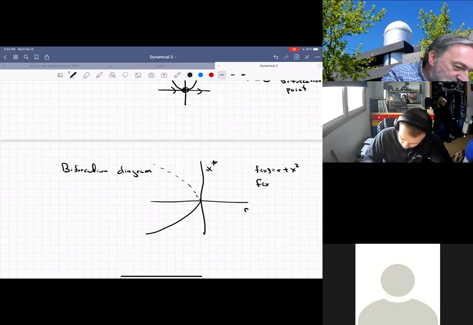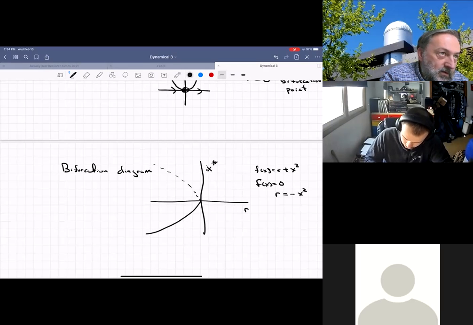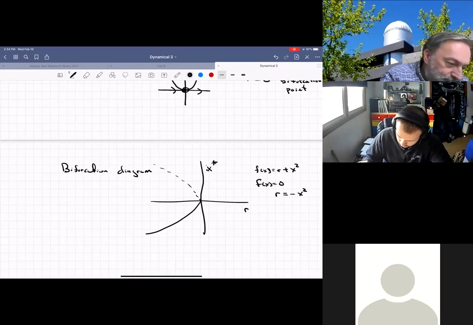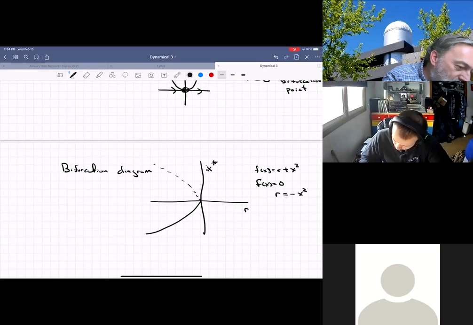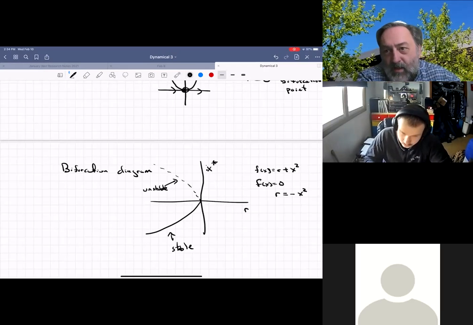So f of x equals 0 is the same as r equals minus x squared. That's these two curves. I dash this curve because there's an unstable fixed point at positive x and a stable fixed point at negative x.